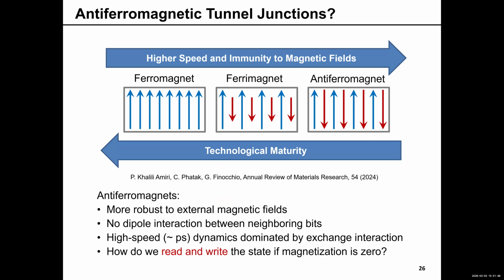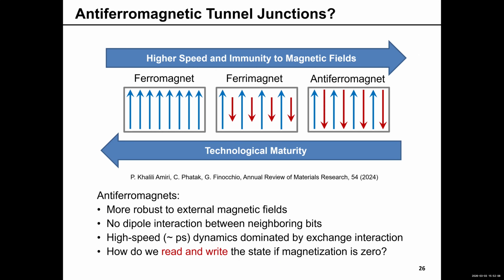This is basically using devices that are based on antiferromagnets rather than ferromagnets. Antiferromagnets are materials that have essentially no net magnetization. Their neighboring spins are exactly antiparallel to each other.